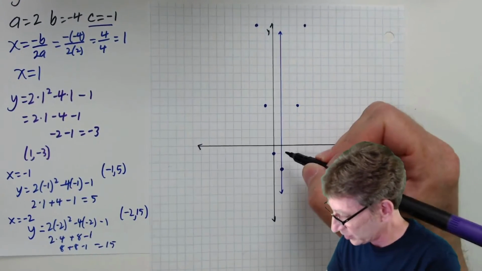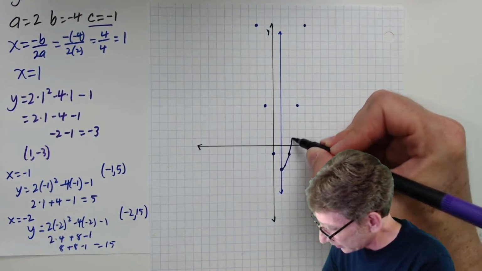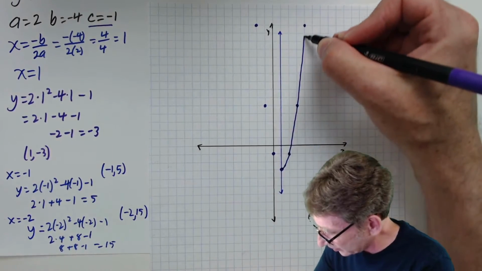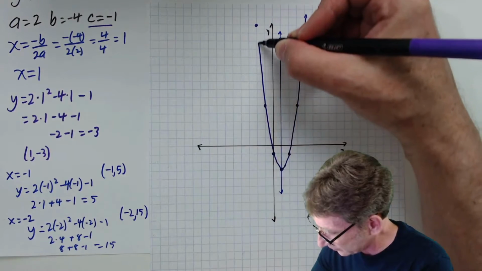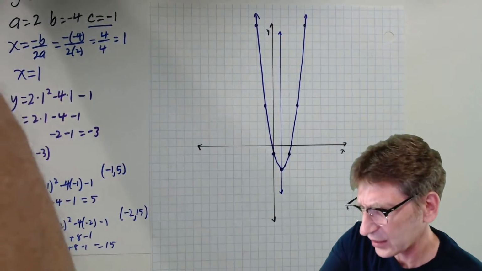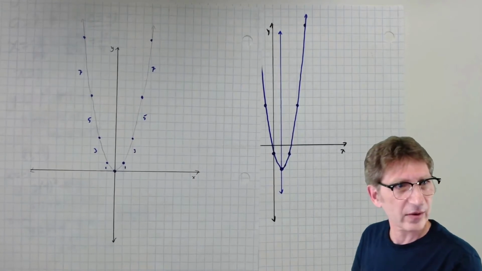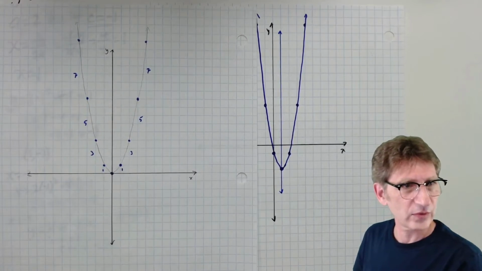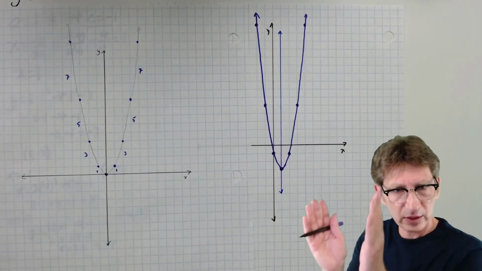And that gives me this parabola. And you're probably noticing this is a little bit different than the previous ones. In fact, if we compare it to this parent graph that I drew a few minutes ago, you see how this one is a little bit narrower?